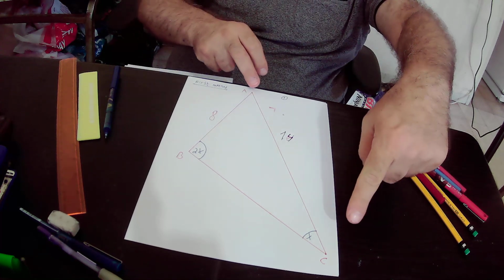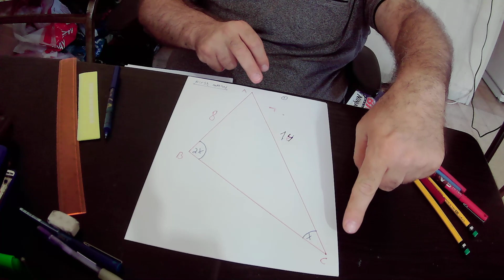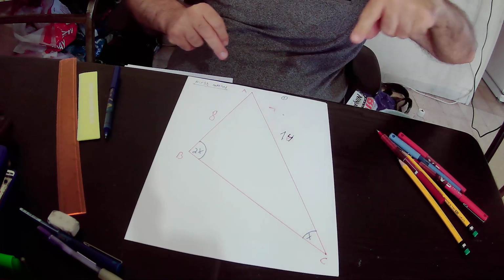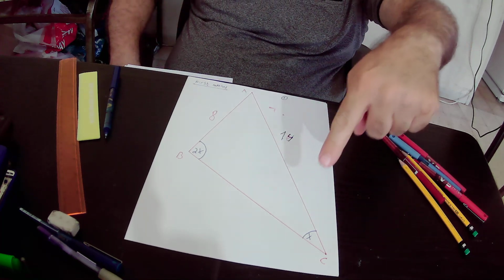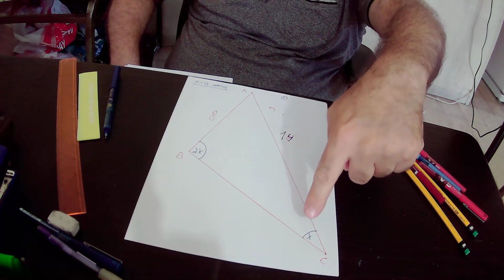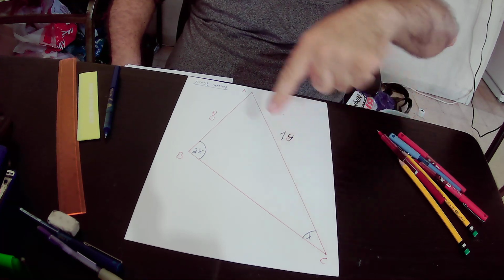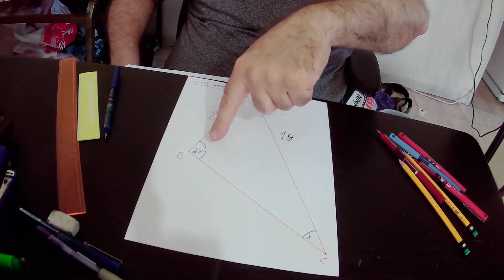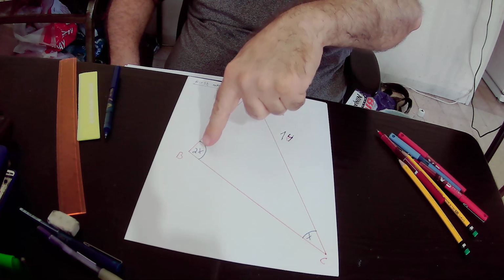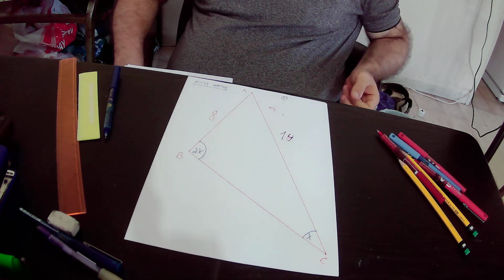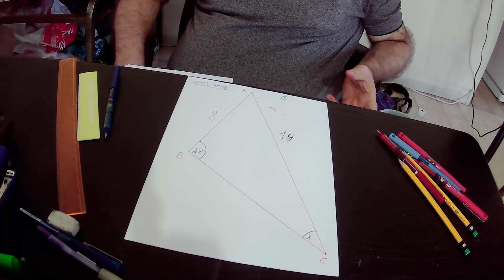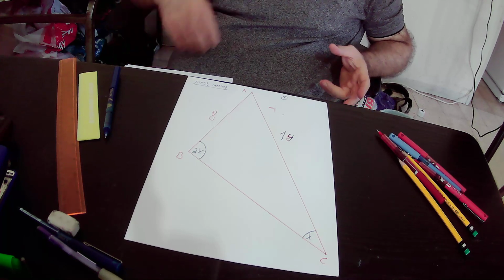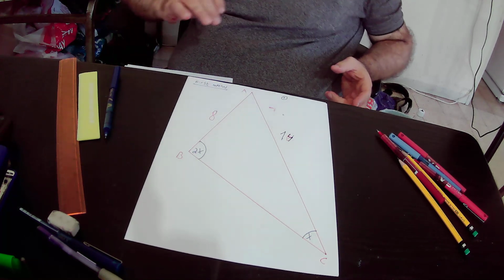Side AC of triangle ABC equals 14 units. Angle ACB equals x, and angle ABC equals 2x, and we want to find out the area of triangle ABC.